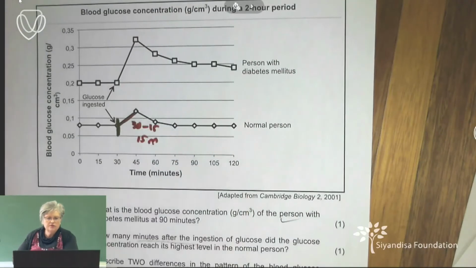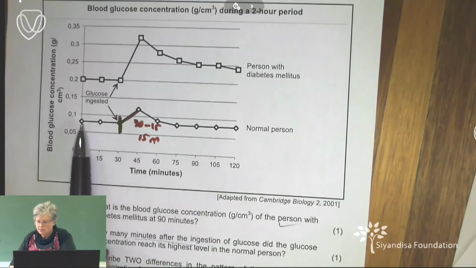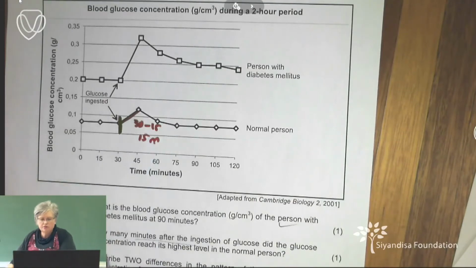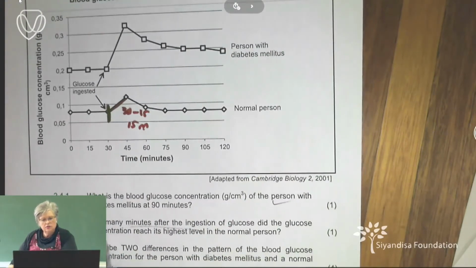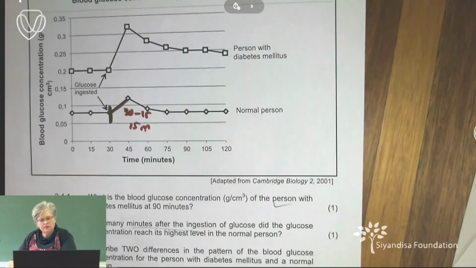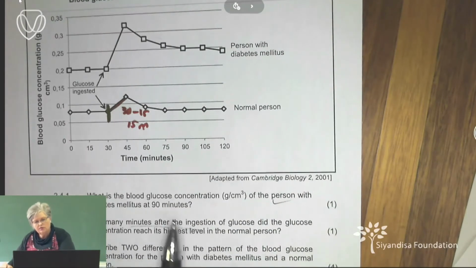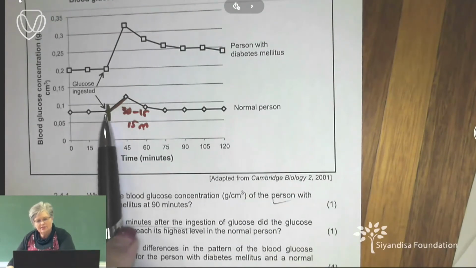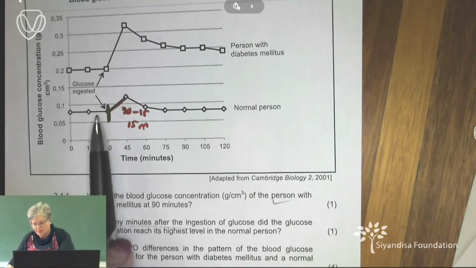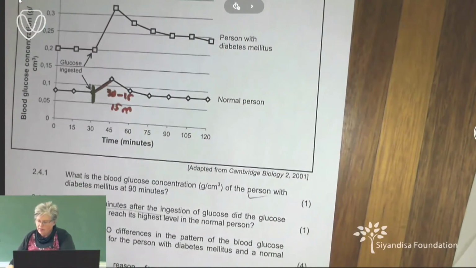Most candidates started here and said 45 minutes. So you must read very carefully. The catch making it more difficult was that it was ingested only after the graph had already started.